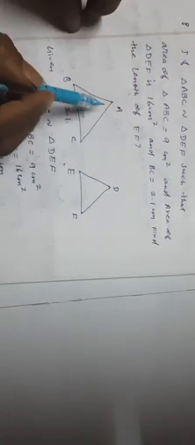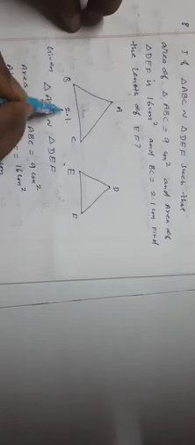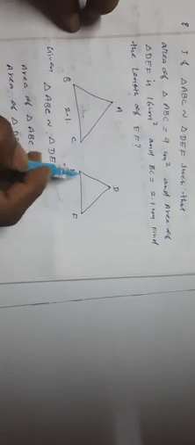In triangle ABC they gave BC is equal to 2.1 centimeters. Then you want to find the length of EF in triangle DEF.